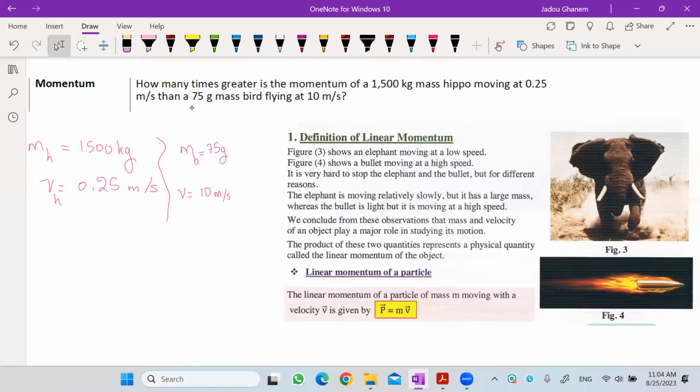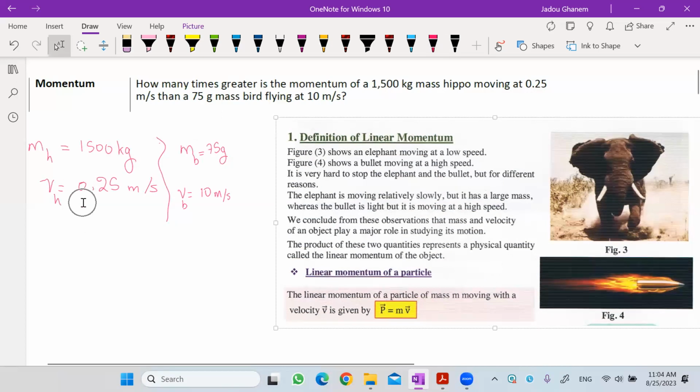If we make a differentiation between them, the mass of the hippo is very large, 1,500 kilograms, compared to something measured in grams, a very small object, the bird. And here the speed of the hippo is very small with respect to the speed of the bird, which is fast. Now, we must calculate the linear momentum for each of these two objects.